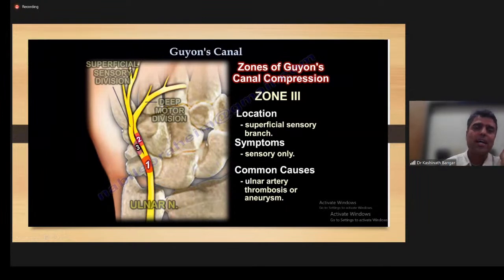So if the ulnar nerve is compressed at the Guyon's canal, as we have seen, the dorsal cutaneous branch exists just proximal to the Guyon's canal. So the sensation of the dorsum of the hand will be absolutely intact.